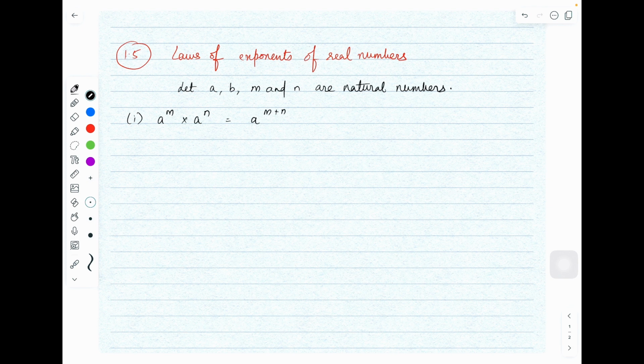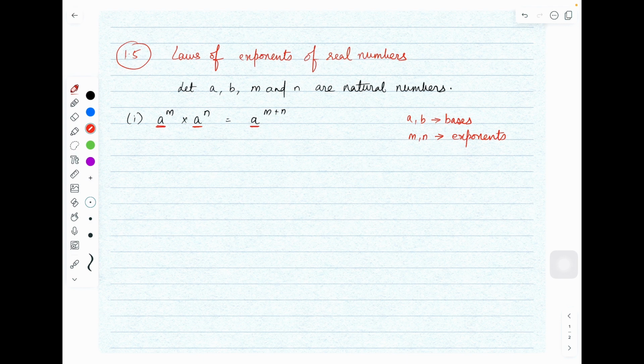The power gets added. So what do we call these? a and b are called bases. The powers m and n are called exponents.